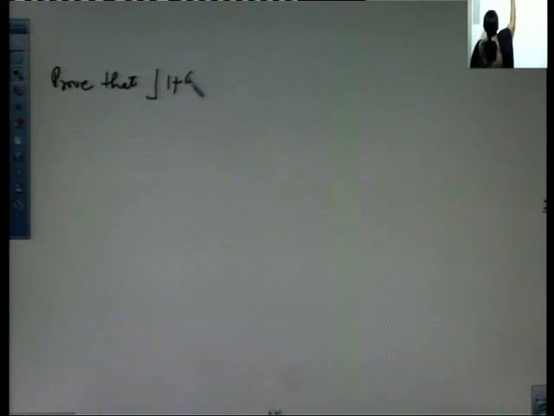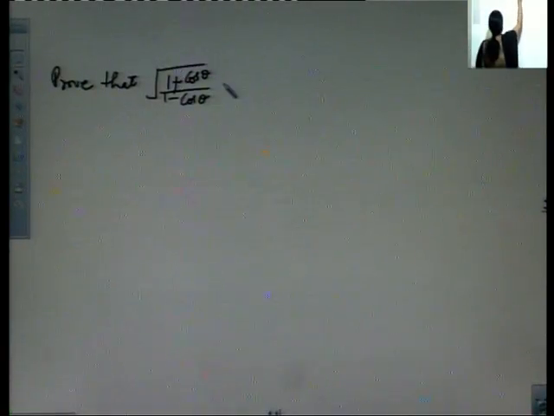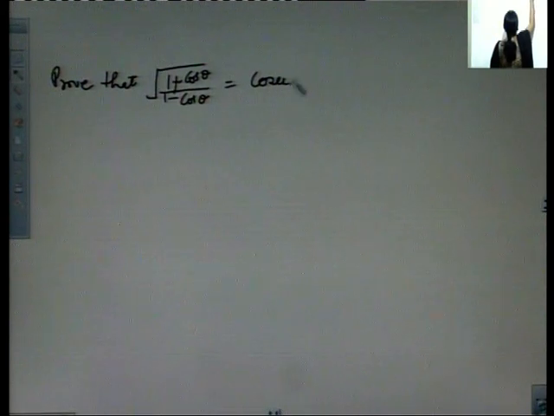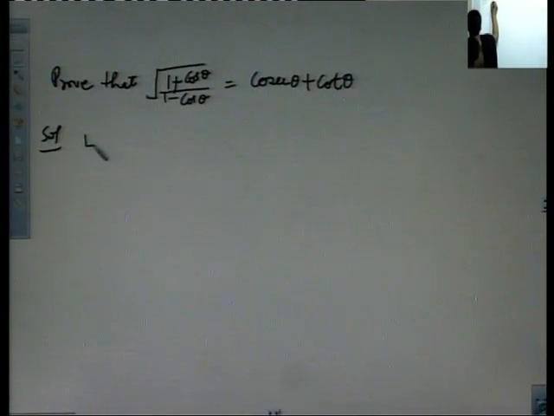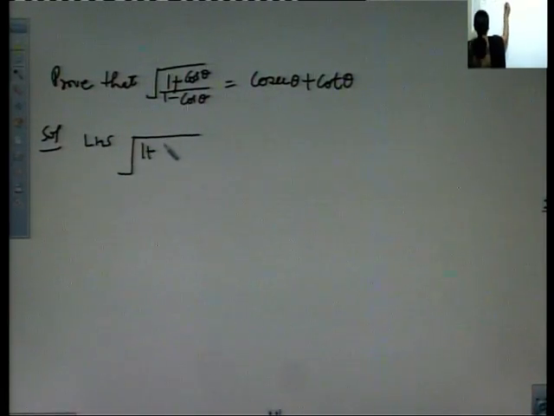Now, next problem, prove that square root of (1 plus cos theta upon 1 minus cos theta) is equal to cosecant theta plus cot theta. Now, solution, left hand side is 1 plus cos theta upon 1 minus cos theta.